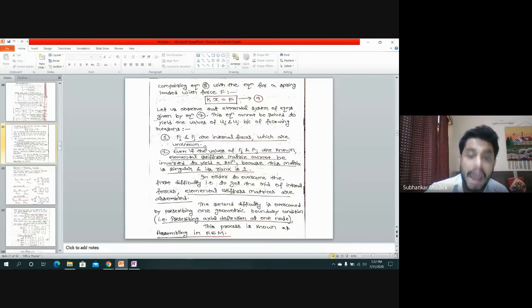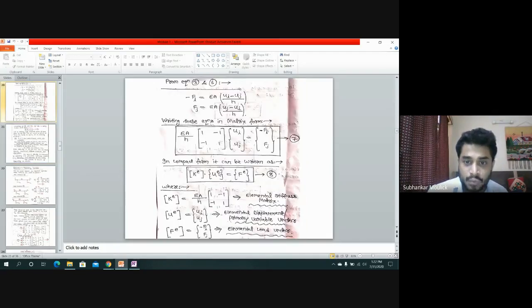I cannot find them out. And also this matrix, EA by h, 1, minus 1, minus 1, 1, is a singular matrix. For a matrix to be singular, the determinant of that matrix is equal to 0.